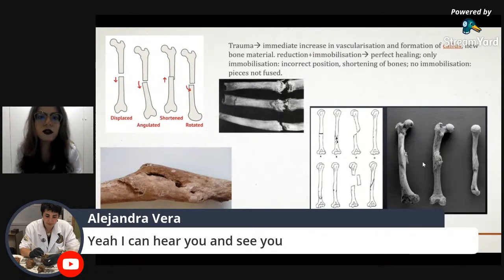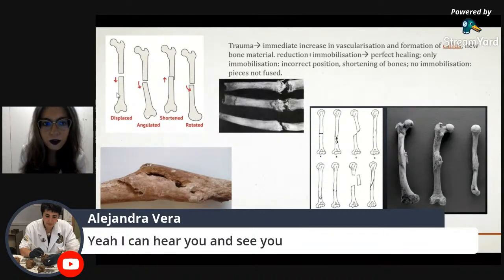Of course, you have to keep the wounded part of the body stable, and it must not move, but also you have to put the pieces back in place, if it's a simple fracture like this.